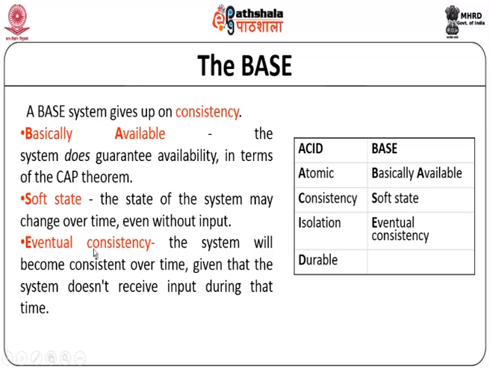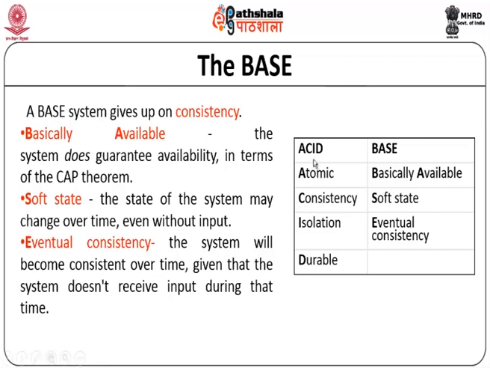What do you mean by eventual consistency? The system will become consistent over time given that the system does not receive any input during that particular time. So, put together, the system looks for a duration where there is no input and at that point of time the system makes itself consistent with respect to the given data.